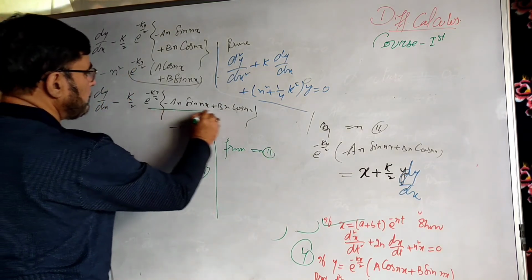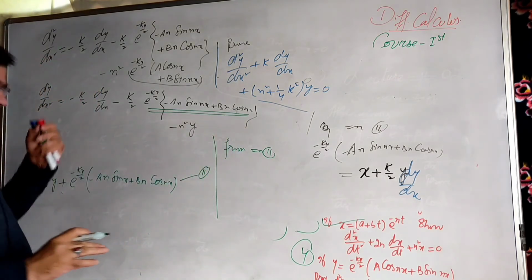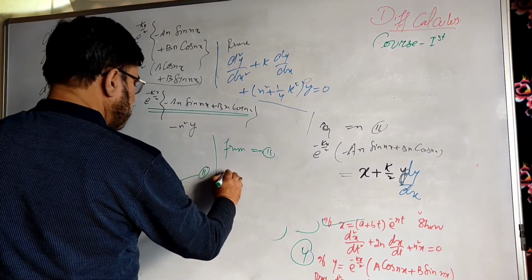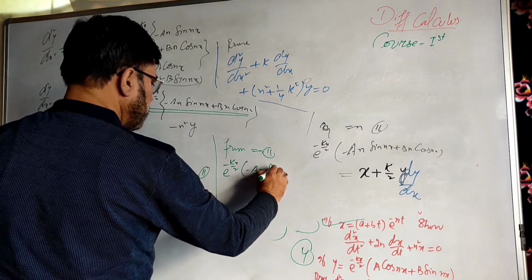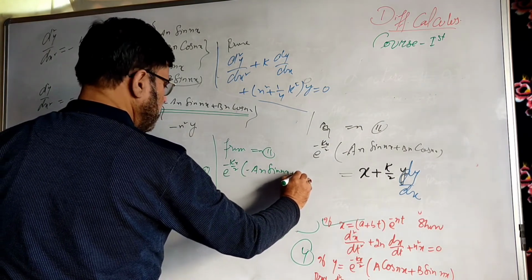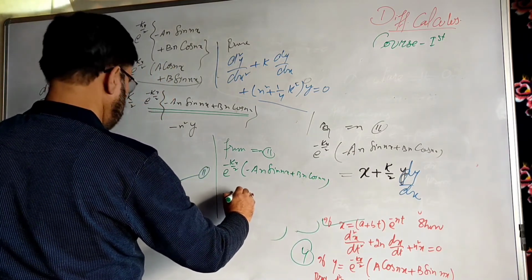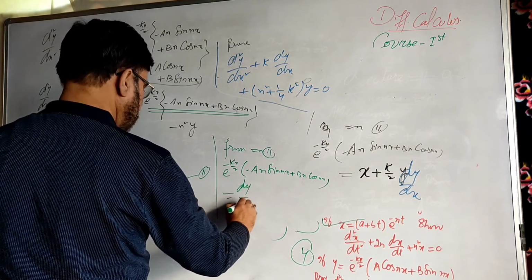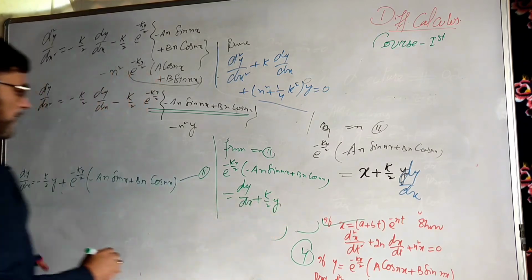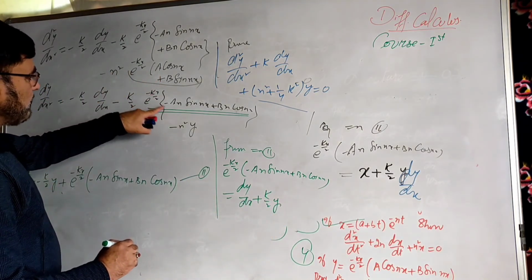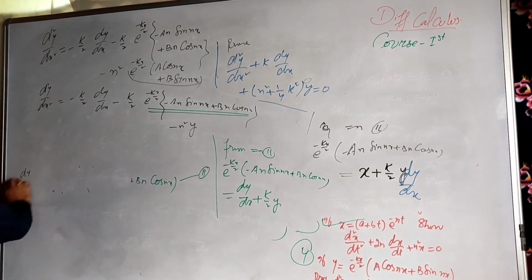I need now this one. I want to find out this value, because I have already told you we can go by direct. This is e raised power minus kx by 2 into minus an sine of nx plus bn cos of nx. What is this now? It is dy by dx plus k by 2y. So I will replace this by e raised power minus kx by 2 times dy by dx plus k by 2y. I don't need this now. I will rub it.